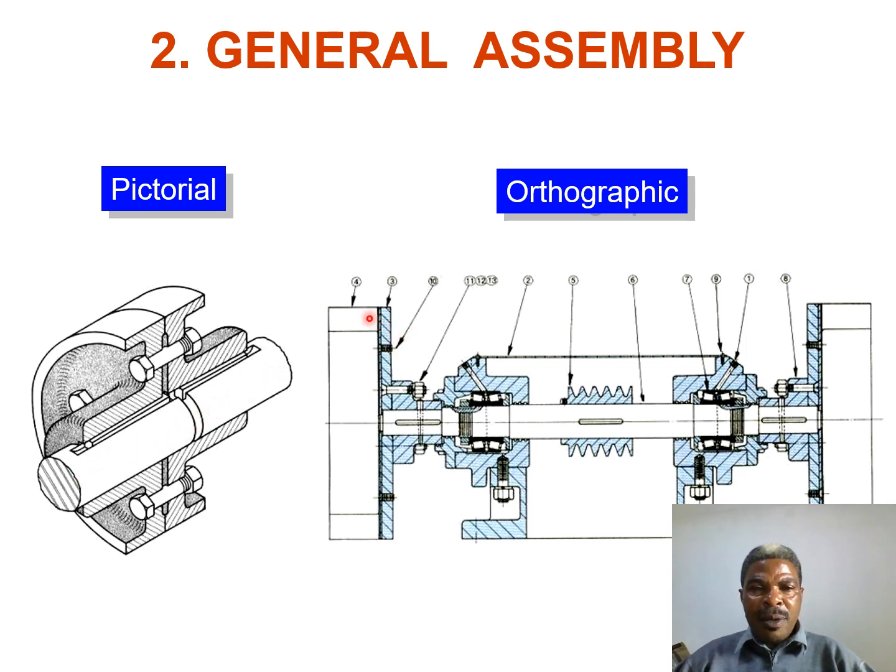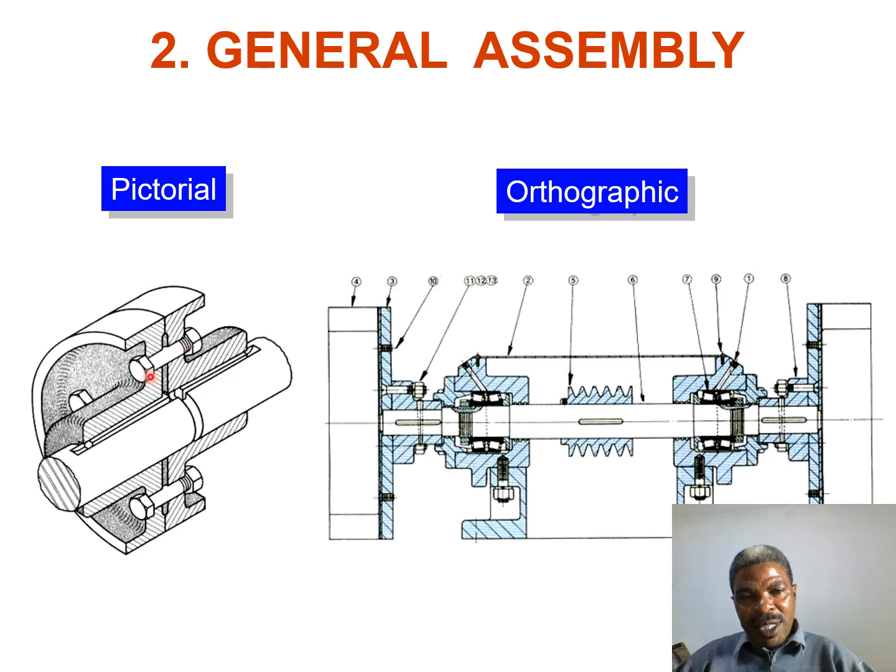And here are provided the numbers, how they are fixed, and their arrangement in the orthographic, how they look, maybe this is the front part of it. And this is in orthographic, indicating the interior part of it. So a section is provided.